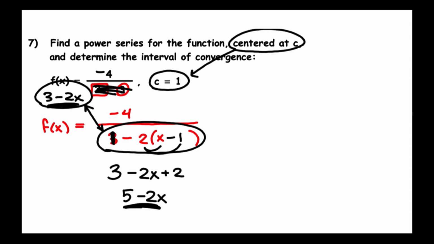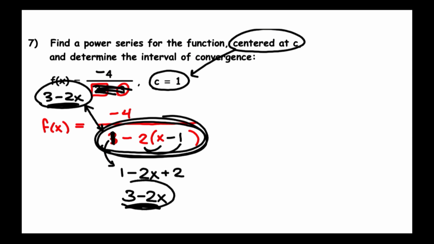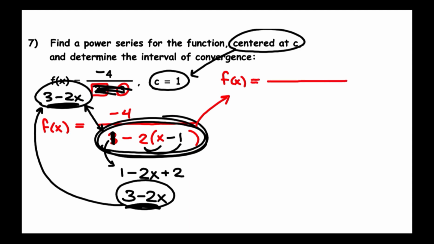But now, since I'm leading off with a 1, what I have here circled is 3 minus 2x. That does match what I used to have, and so I'm okay. Oh, wow. All right, let me rewrite. F of x is going to be equal to negative 4 over 1 minus 2 quantity x minus 1.